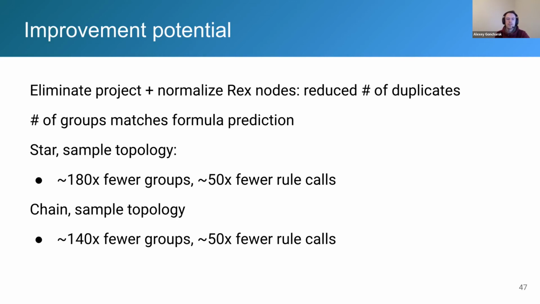And an interesting thing here is that essentially due to those duplications, the number of groups in the memo without those optimizations exceeded the theoretical numbers that you can calculate for those star, click, and chain topologies. But once we have this optimization in place, the number of groups in the memo is aligned with those numbers.